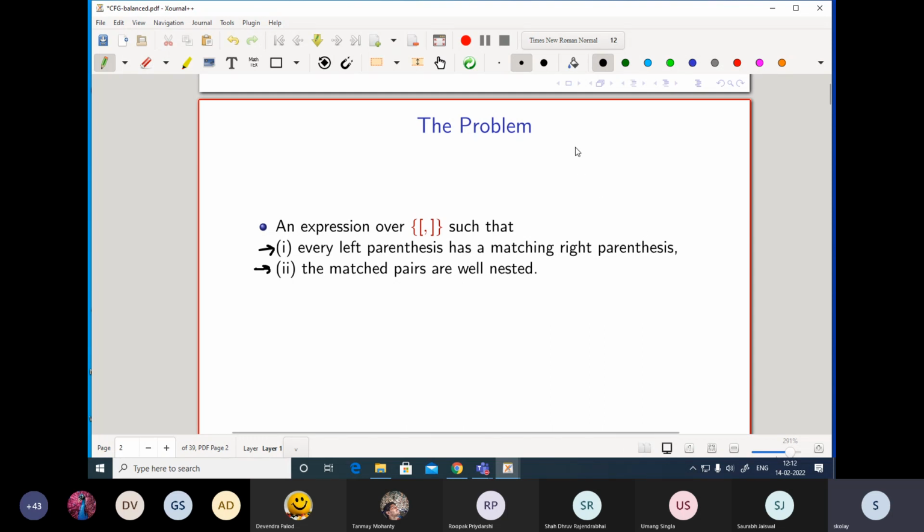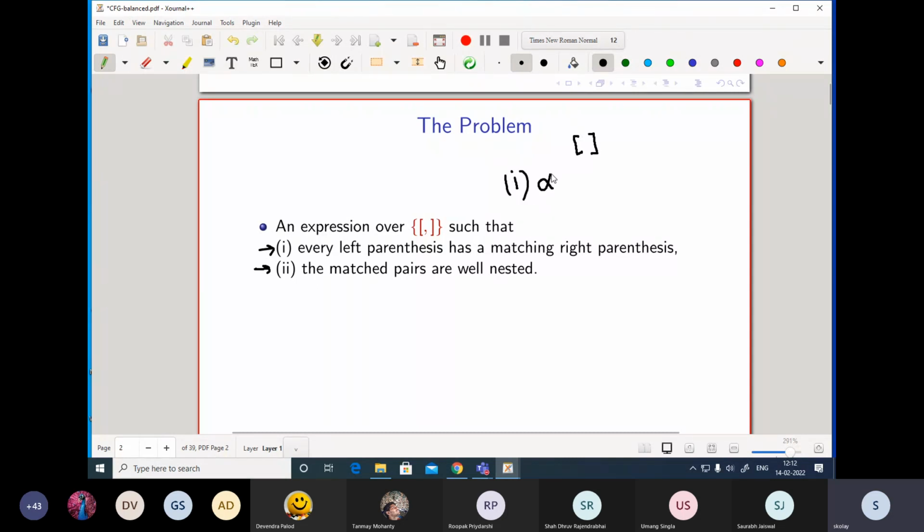What I mean is there is an inductive definition where you start with these two brackets. This is the base case where you have just one pair of parentheses. After that, inductively, if alpha is a balanced parentheses expression, then I can derive two kinds of inductive definitions.